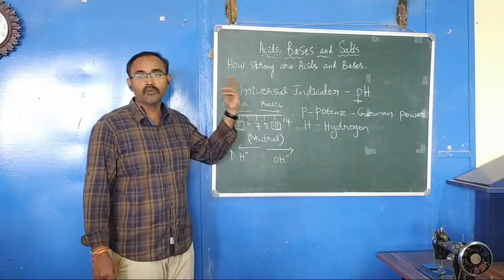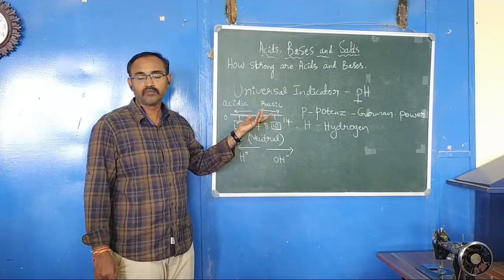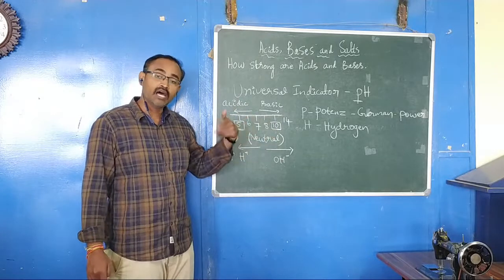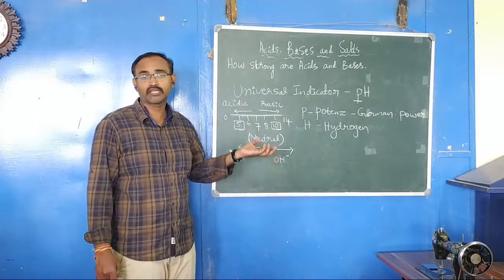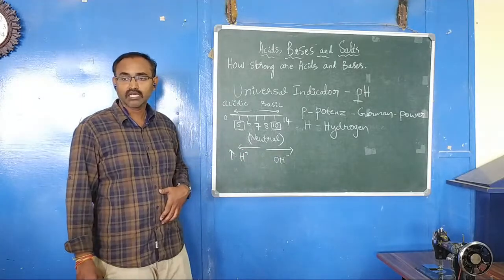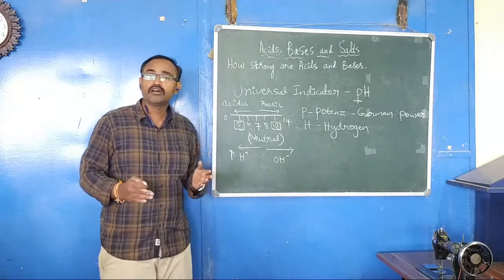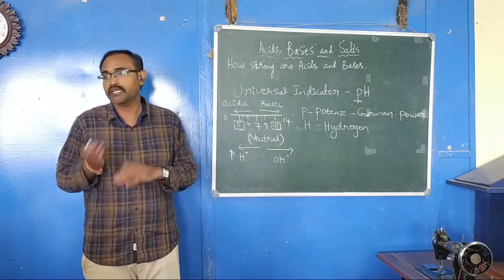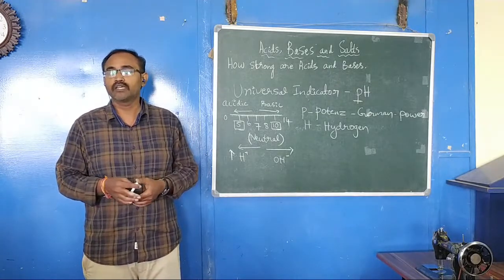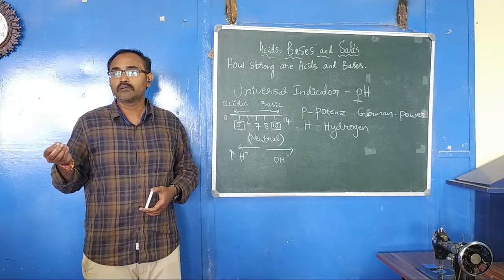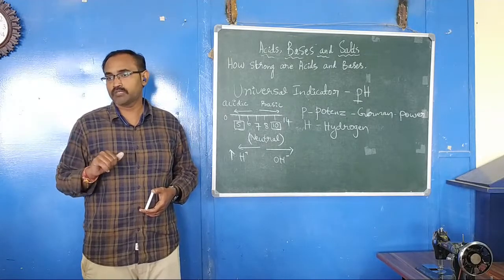See, there are so many acids: hydrochloric acid, nitric acid, sulfuric acid, other than some edible acids like tartaric acid and lactic acid. Those are all edible acids, but their pH value is different. They are all acids. We can determine their nature by using litmus paper.